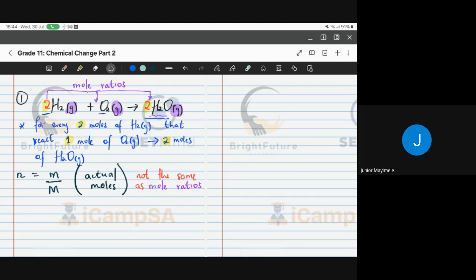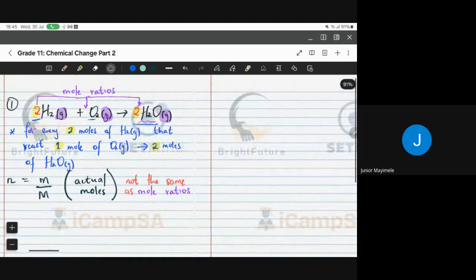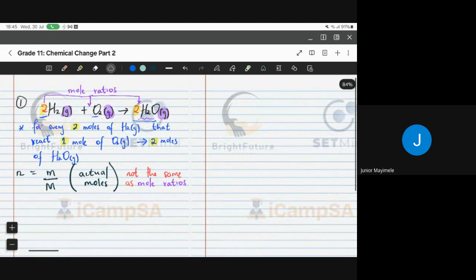One tells us the ratio of what we need to react in order to get the final product, while the other one tells us the actual number of moles of either the reactants or the products. So a good example would be if they gave us a mass of hydrogen, we would definitely use our periodic table to find the molar mass of hydrogen and then find the actual number of moles of hydrogen. We will do this at a later stage, but for now, just know this is what happens.